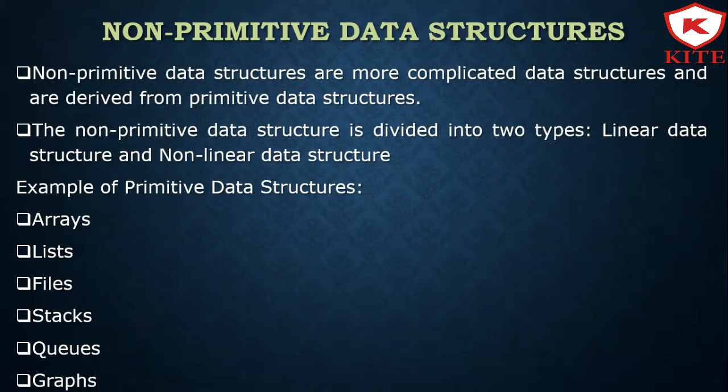Therefore, there are some more sophisticated data structures that are derived from the primitive data structures. The non-primitive data structures emphasize the structuring of a group of homogeneous or heterogeneous data items. Some examples of non-primitive data structures are arrays, lists, files, stacks, queues, graphs and trees.